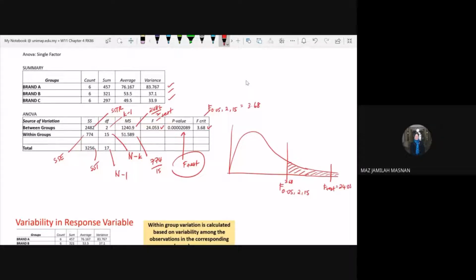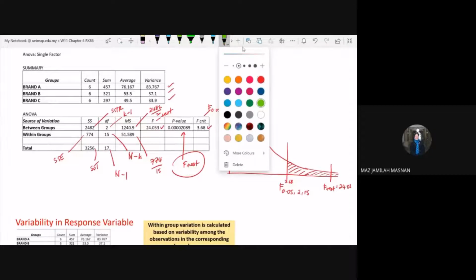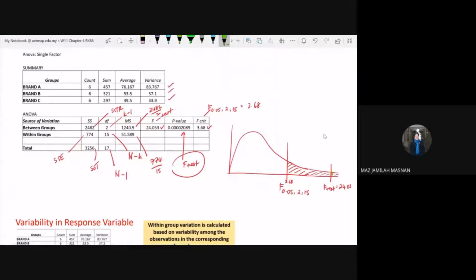So what is my P value? My P value is given by this one. This is the P value, and this is our alpha. So the alpha will include the P value. You can imagine the probability value is very small compared to your alpha of 0.05, which is 0.000 something. So that's how you interpret your ANOVA table.